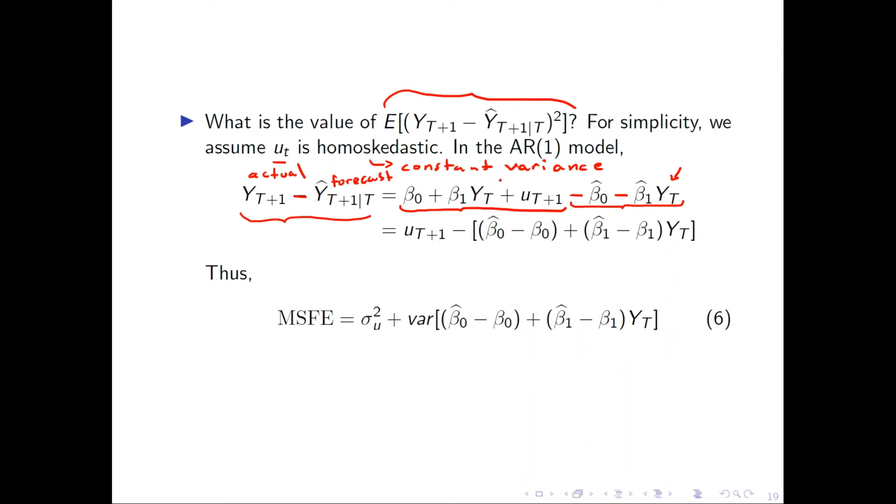With information from time capital T, which means that we have the actual residual and the actual population regression, so we can add these and get the actual value at time T plus 1.